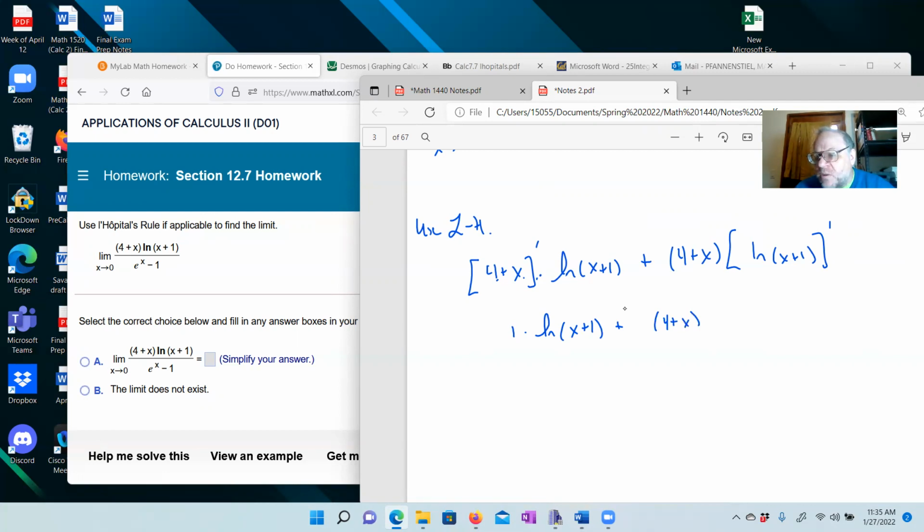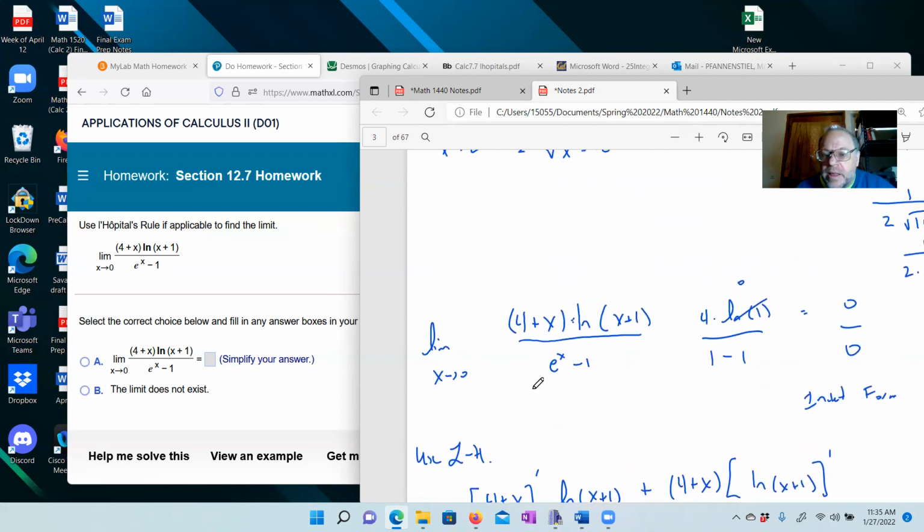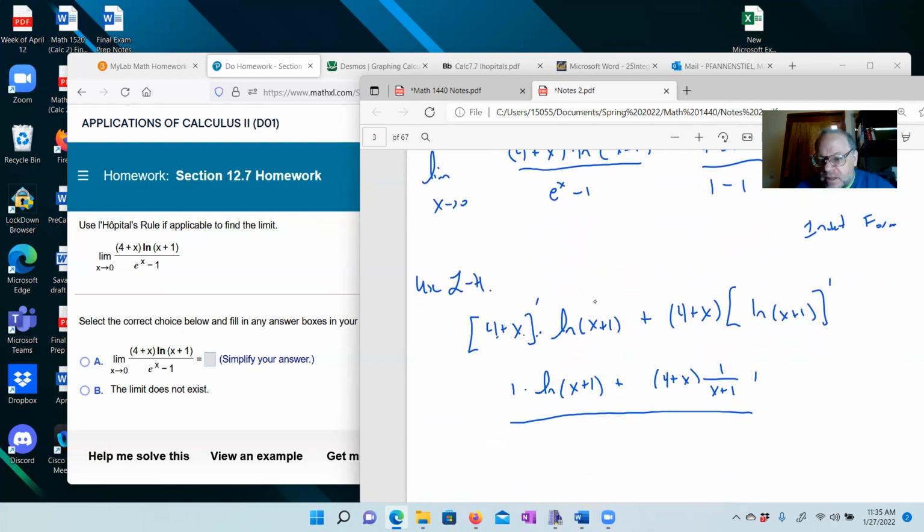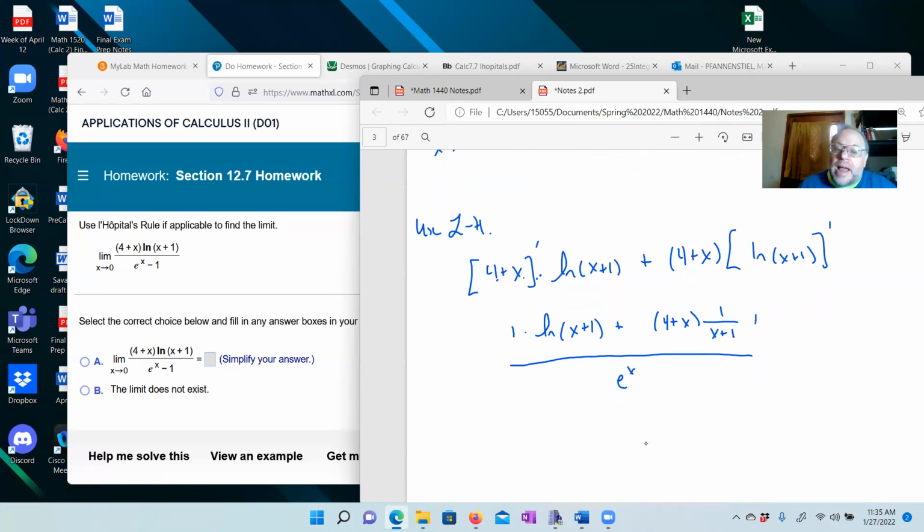This derivative is 1 over (x plus 1) times the chain, but the chain is just 1. And this is divided by e to the x. The derivative of minus 1 is just 0, so just e to the x here. And of course, we have our limit as x goes to 0.